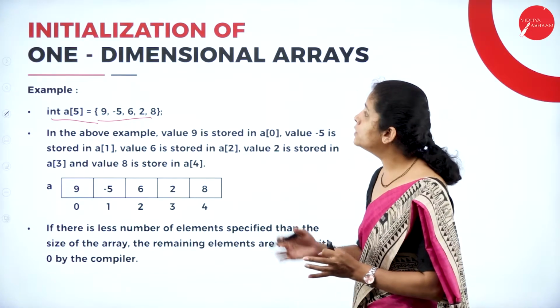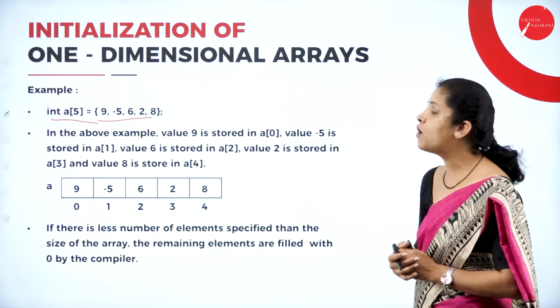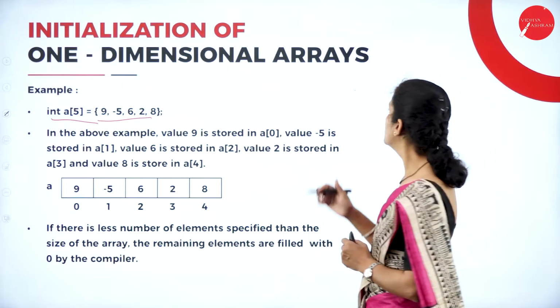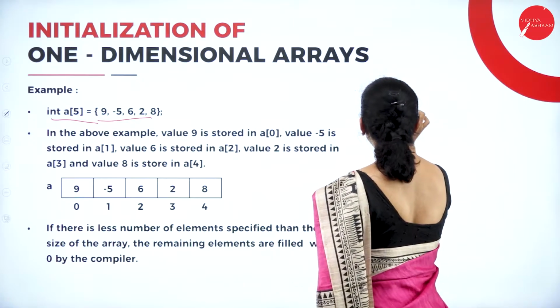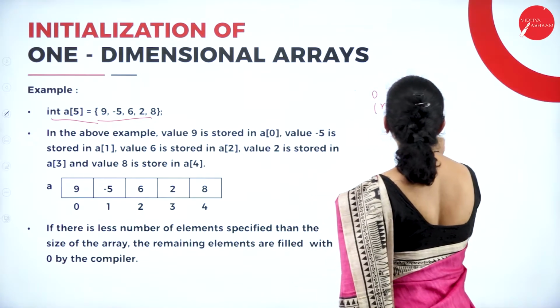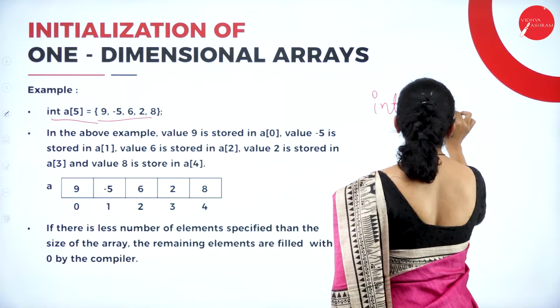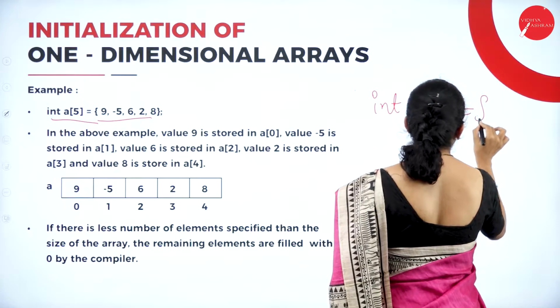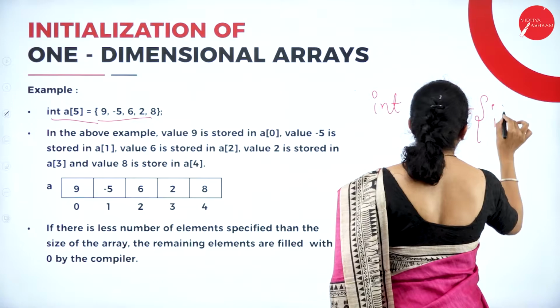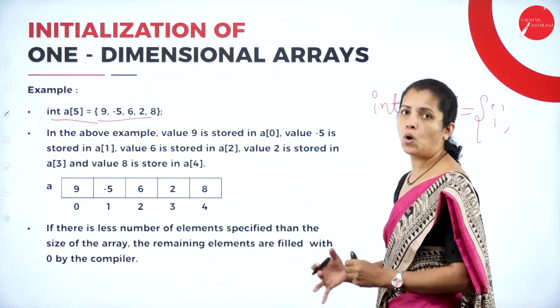Now, let me consider a simple example of initialization of a one-dimensional array. First, I want to write the data type. Say it is integer, my array name is A, and the size of the array is 3, and I'm going to assign the values 1, 2, 3, 4 and so on.